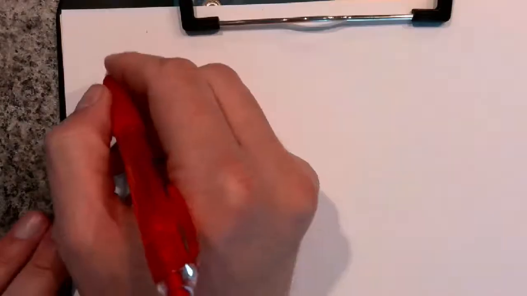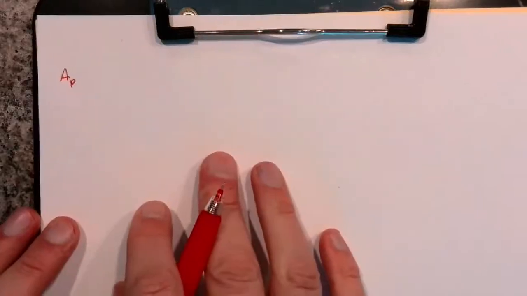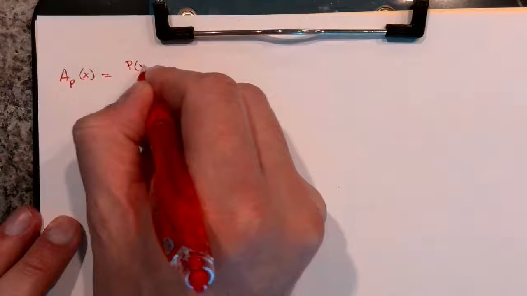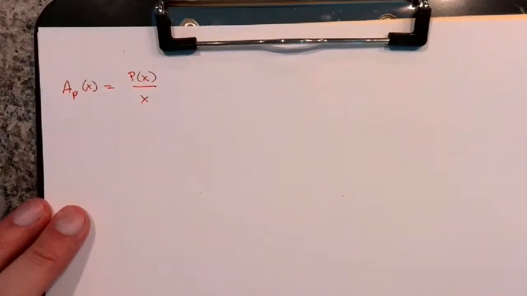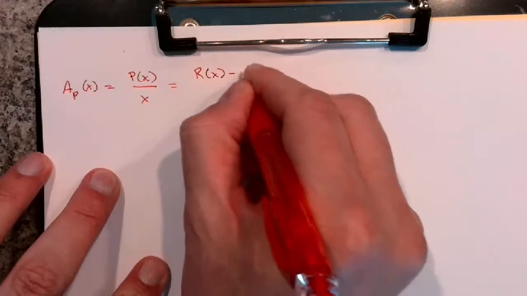I'll call this average profit, so I'll write it as A sub P of X. It's equal to the profit, P of X, over X. And we know to get profit, it's the revenue minus the cost.